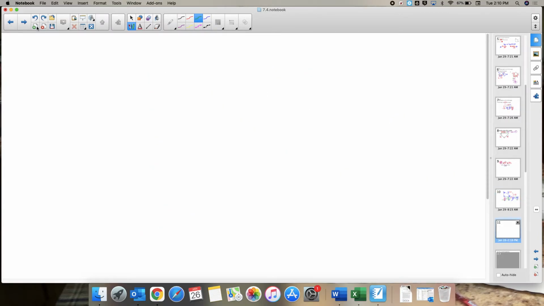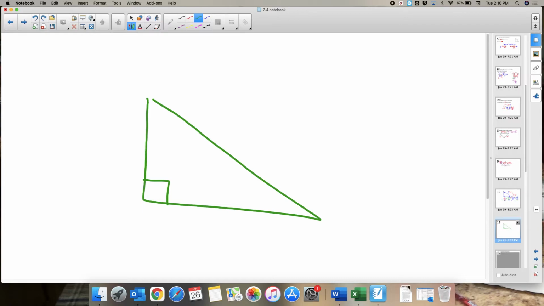And the reason we call it that, I have my 90 degrees. It's a 30, 60 right triangle because one of my angles will be 30 and one of them will be 60. Now, when we look at this right triangle, we need to be able to establish what side is the smallest side. The smallest side is opposite the smallest angle. Smallest angle is 30, so the smallest side would be the side opposite 30.